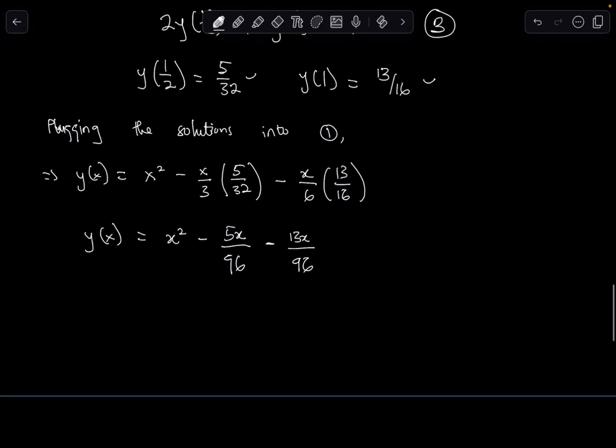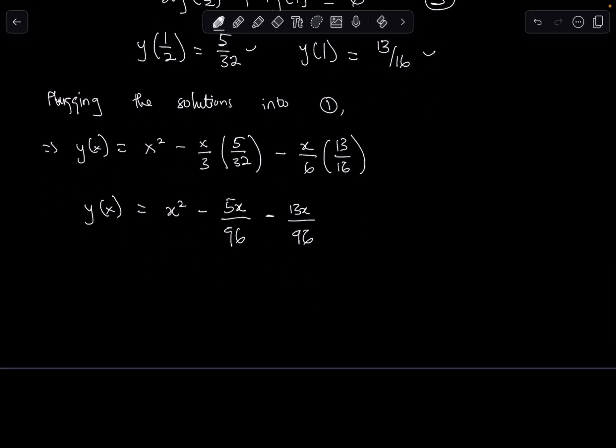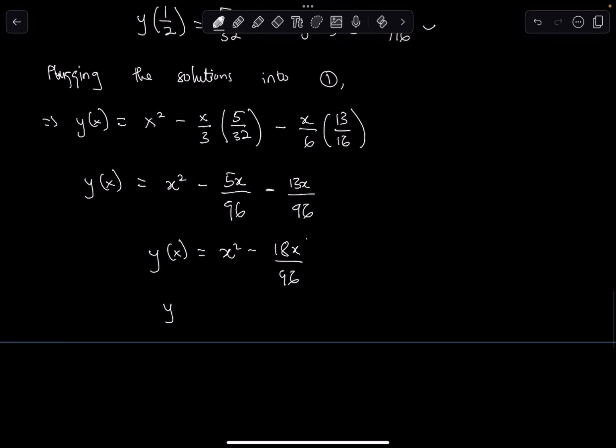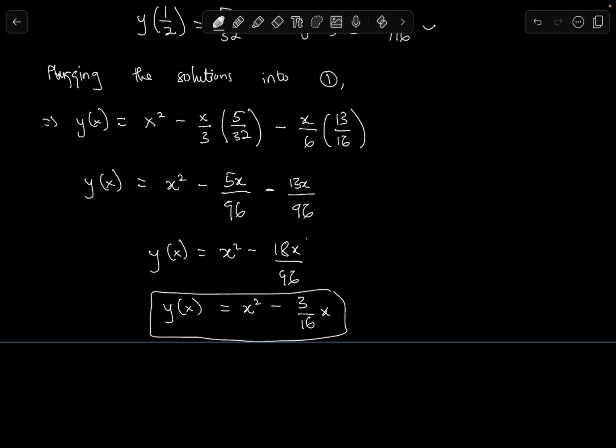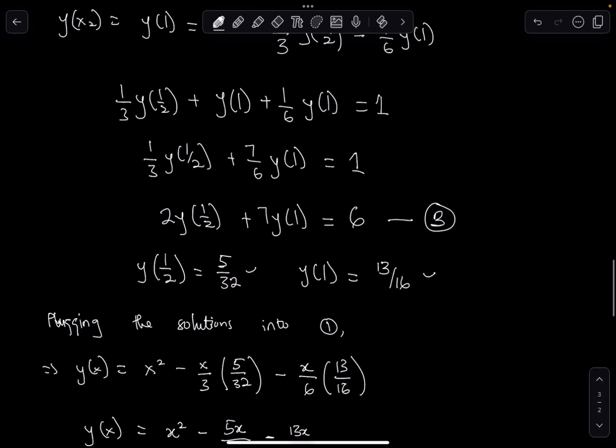Okay, so we are going to have y(x) is x squared minus 18x over 96, which simplifies to x squared minus 3x over 16. And this is the approximate solution to the integral equation using the Simpson's one-third rule, okay.